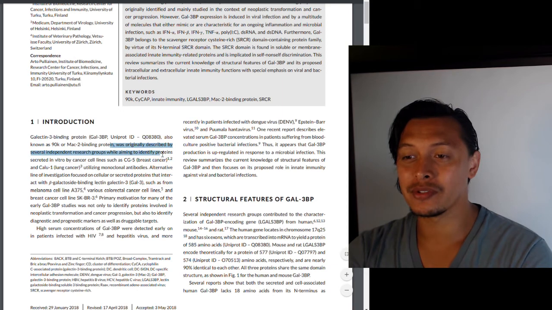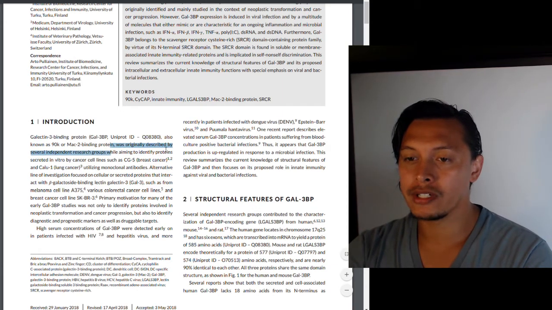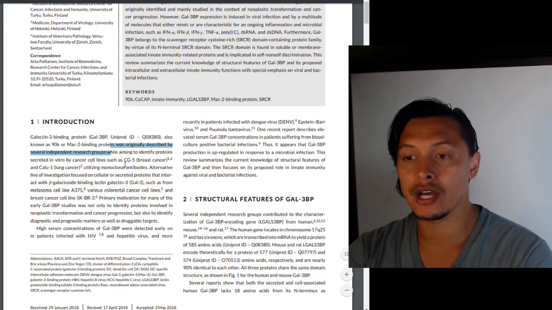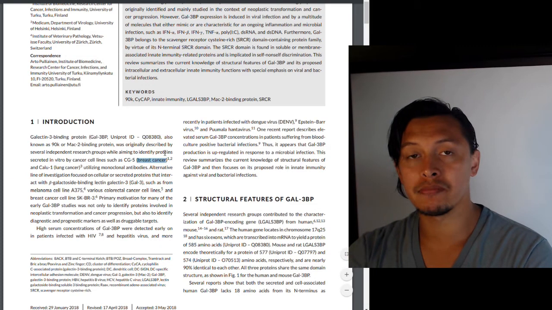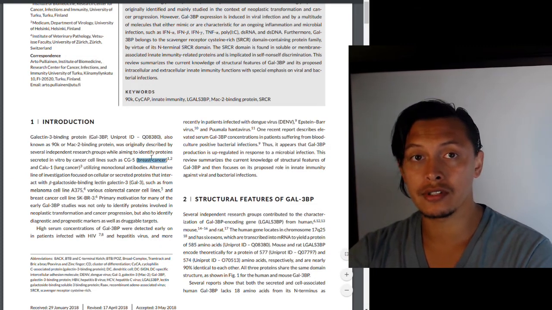So anyways, this was originally described by several independent research groups while aiming to identify proteins secreted in vitro by cancer cell lines, such as CG5, so breast cancer. Frequently we do experiments with cancer cells because the cancer cells can duplicate indefinitely.